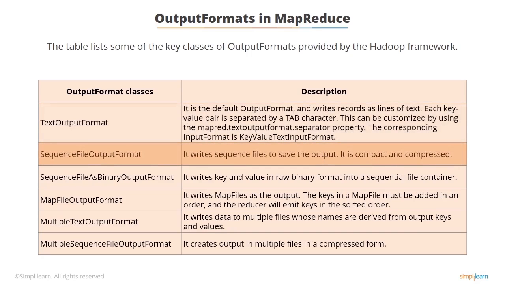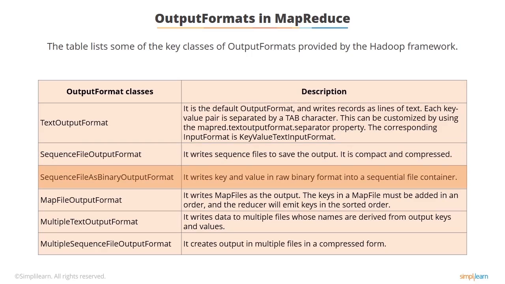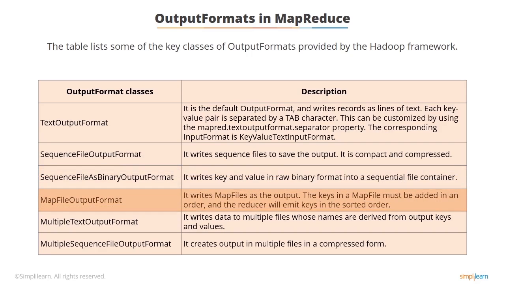SequenceFileOutputFormat writes sequence files to save output. This represents a compact and compressed version of normal data blocks. SequenceFileAsBinaryOutputFormat is responsible for writing key-value pairs that are in a raw binary format into a sequential file container. MapFileOutputFormat writes map files as the output.